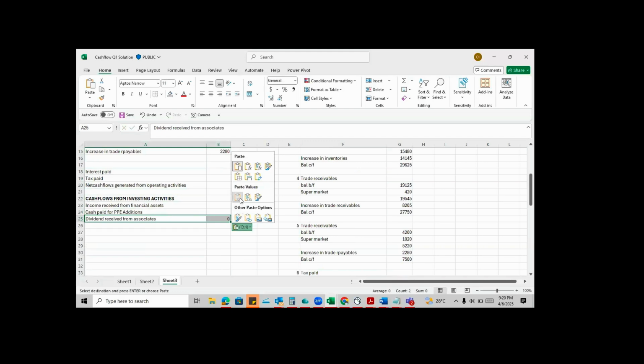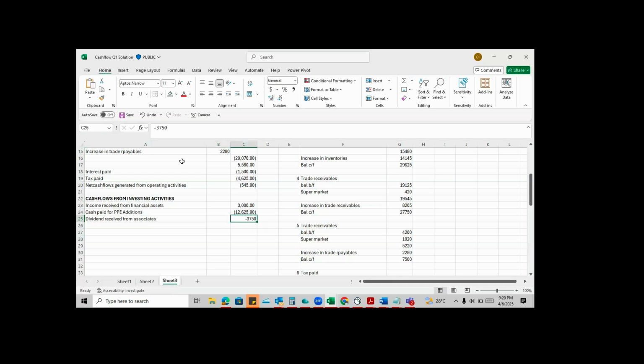Now, because it's a received amount, it should not be in brackets. Instead, it should be without brackets. It's an inflow.